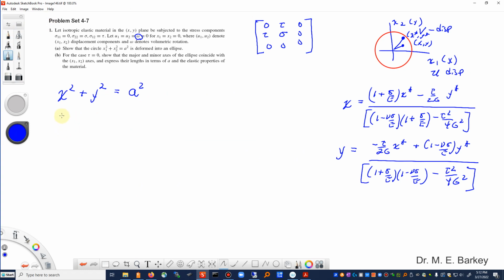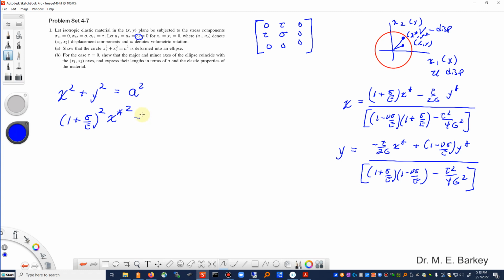So we have x squared. I'm going to worry about the denominator later. Let's just take a look at the top. It's going to look something like (1 plus sigma over E) squared x star squared. We're going to have a mixed term.